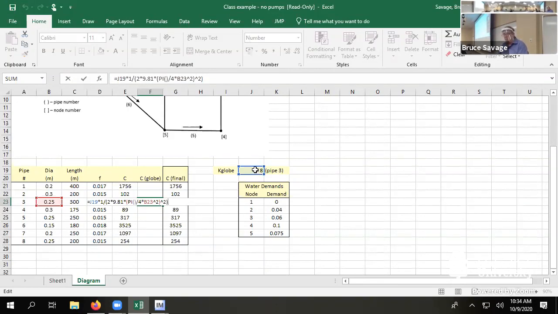Okay, everyone feel comfortable with that? Can you please repeat that again? Okay, so the globe valve has a minor loss, and I want to convert that minor loss into a coefficient that can then go into my matrix so I can solve for the flow rate.